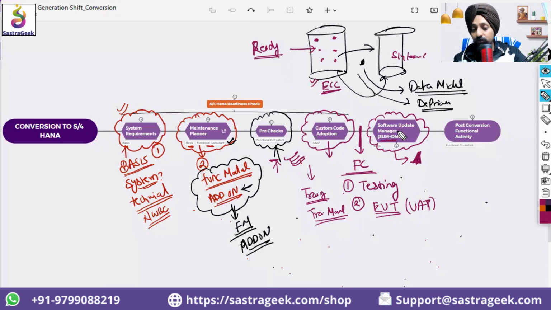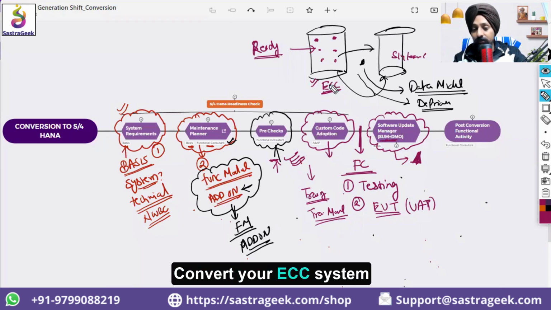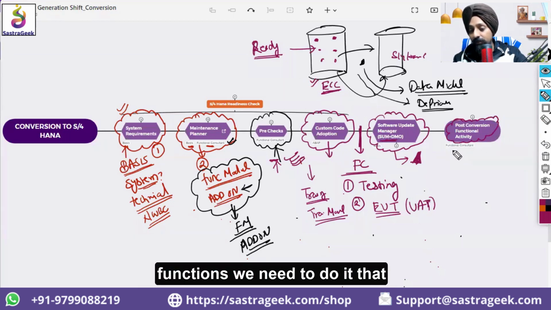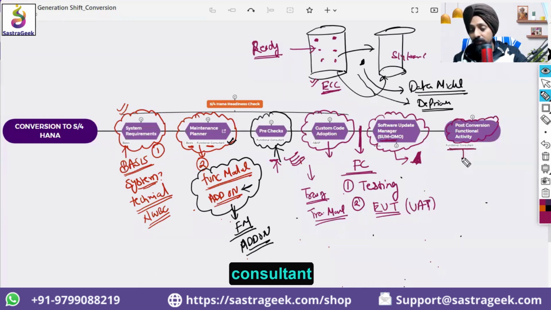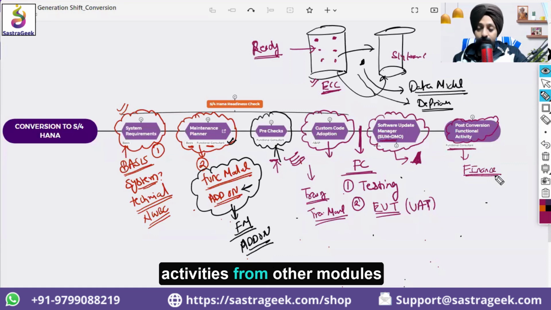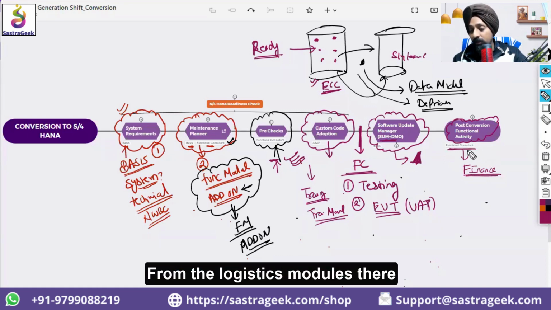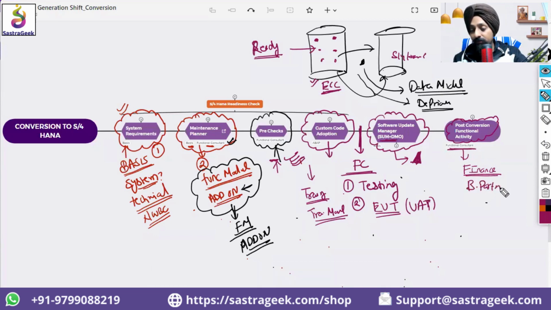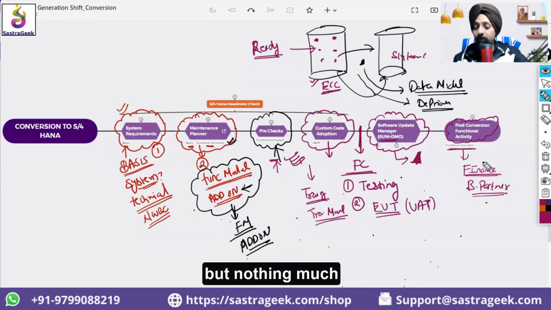Once you convert your ECC system to an S4HANA system, there are some post-conversion functions that need to be done by the functional consultant. Basically, there are finance activities, majorly finance activities. From the logistics modules, there are a few activities related to the business partner configuration, but nothing much.